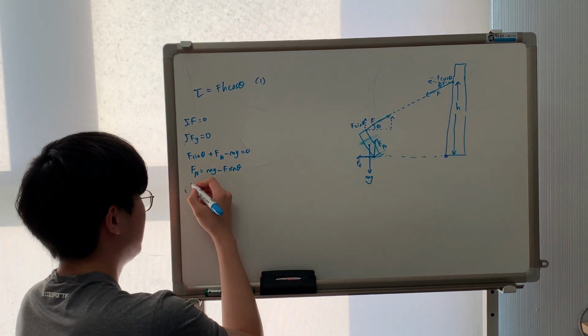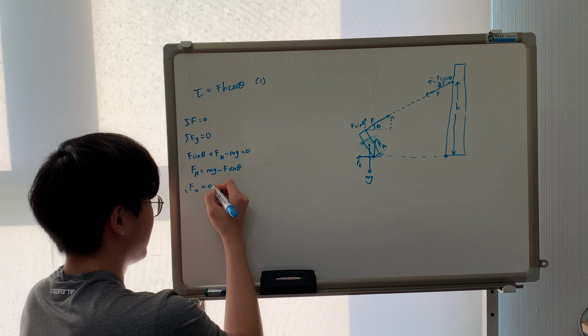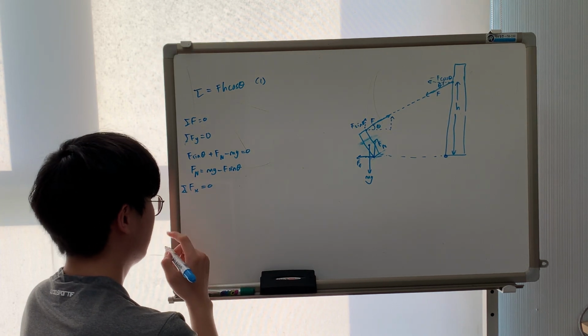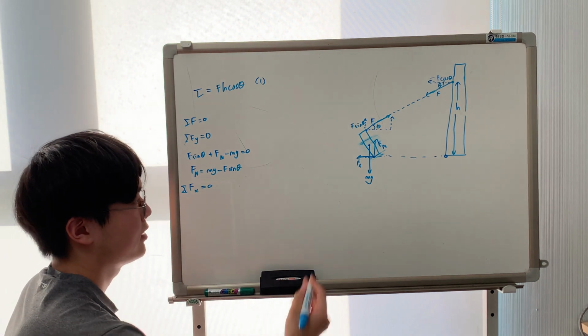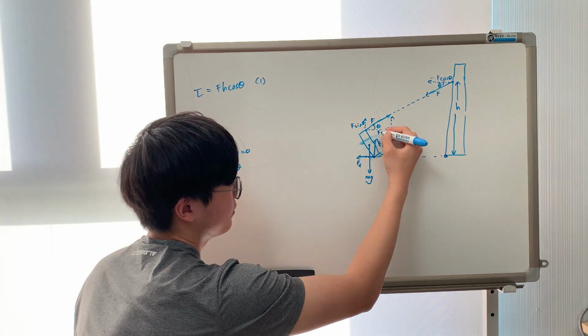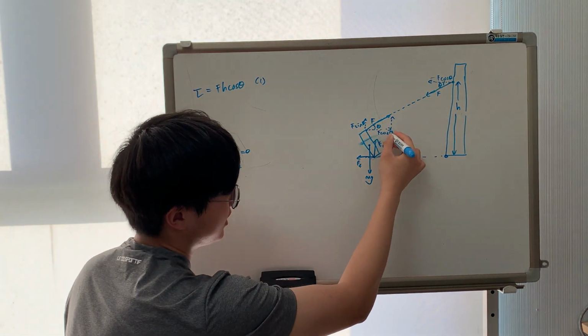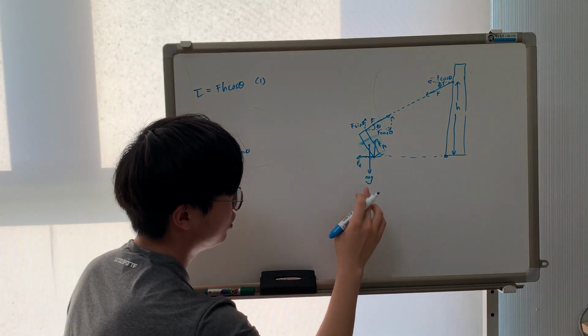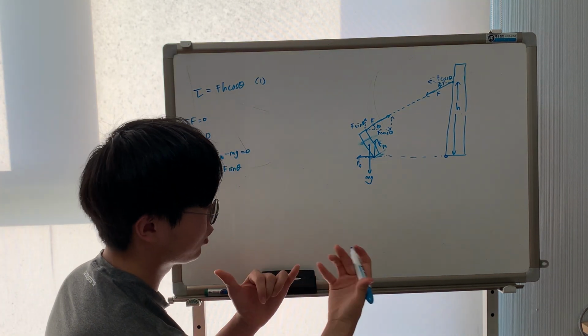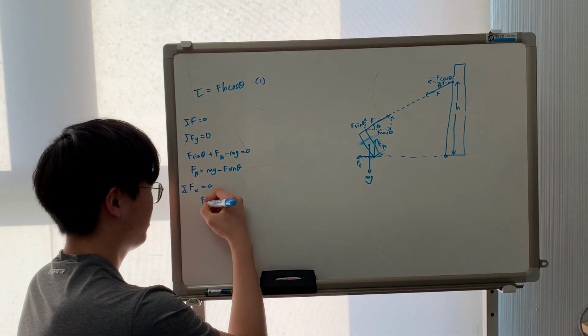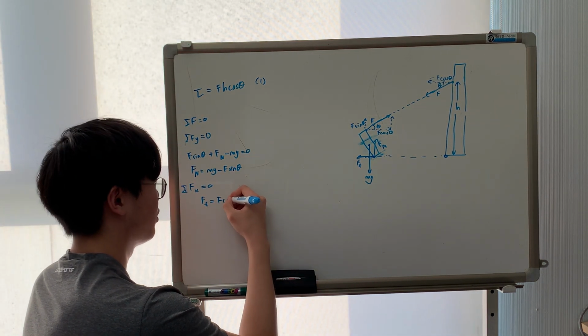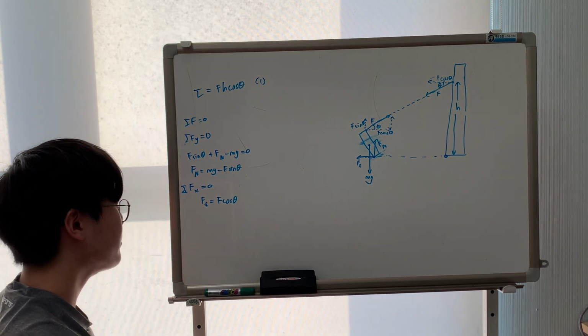And then looking at the horizontal direction, the sum of the forces in the x direction is also 0, which means that F cosine theta must be equal in magnitude to the friction force, because those are the only two horizontal forces. So the friction force is equal to F cosine theta in magnitude.